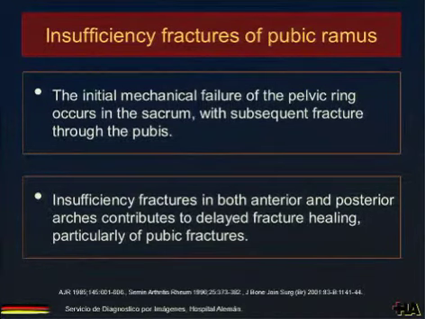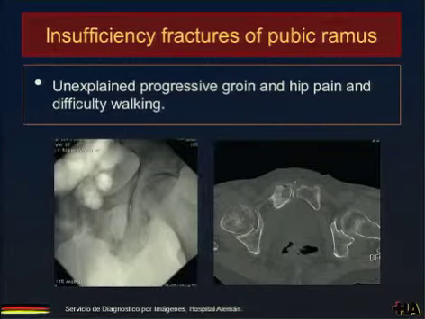So the initial mechanical failure is in the sacrum, and then it's transmitted to the pelvic bone. And this unstable ring could delay the healing of the fracture. And this is the case of the pelvic fracture.